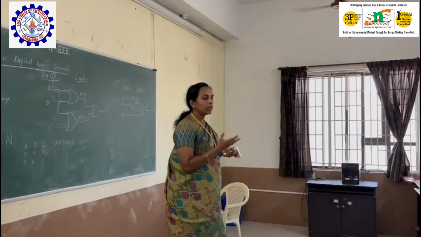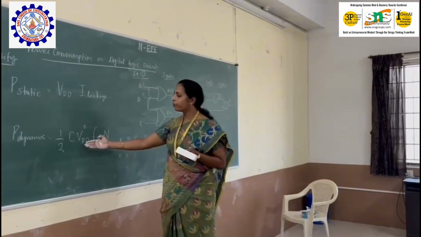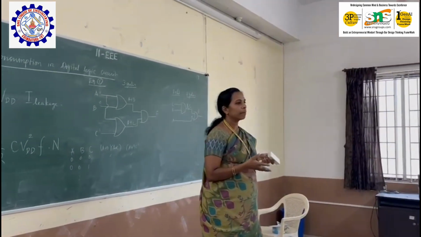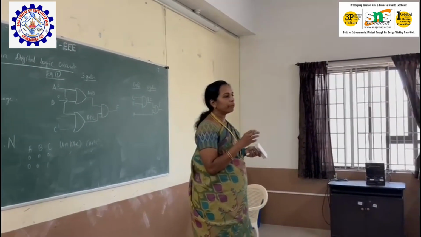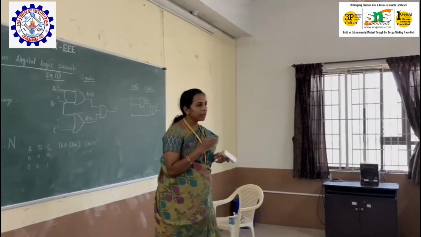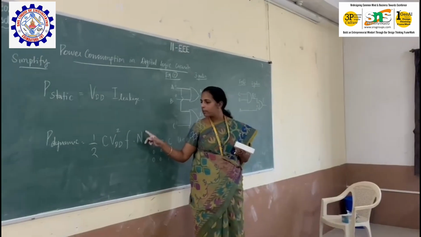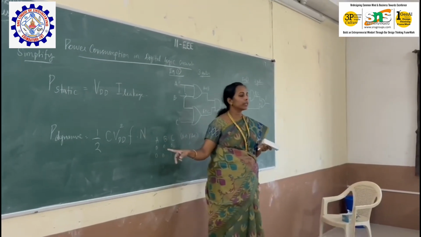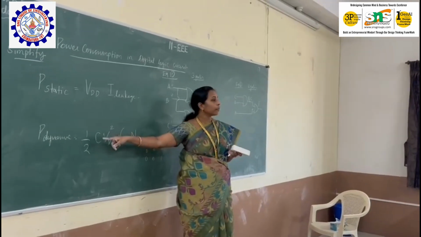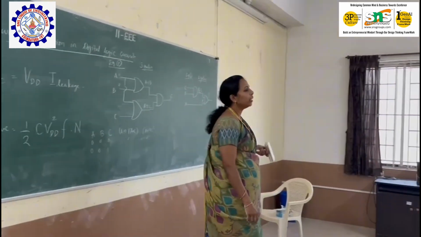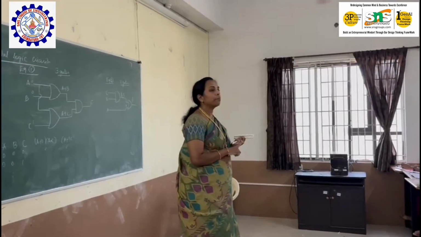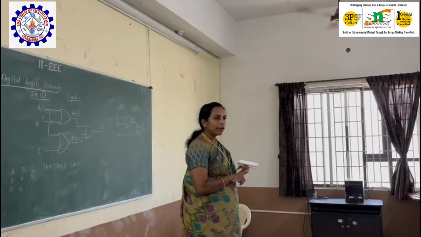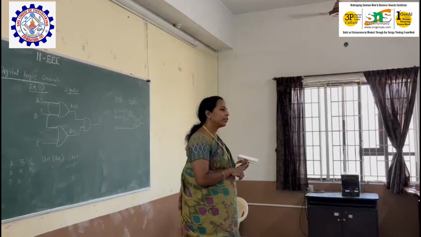These are the factors which affect the power consumption of any digital circuit, of any IC, because it is built up of transistors, of gates. Whenever transistors are there, we will have switching activity, and this is directly proportional to power dissipation. Static power as well as dynamic power affect the performance of any digital circuit.